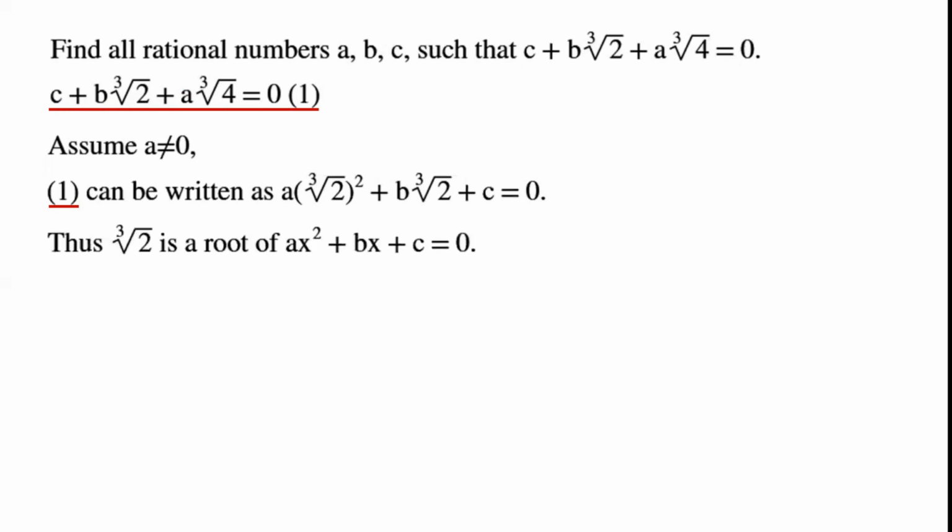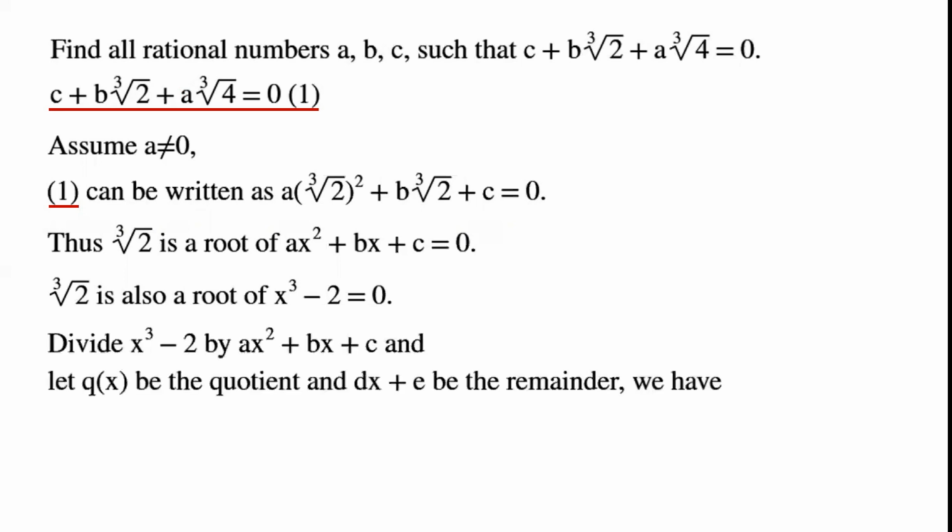Thus, the cube root of 2 is the root of ax squared plus bx plus c equals 0. The cube root of 2 is also a root of x cubed minus 2 equals 0.